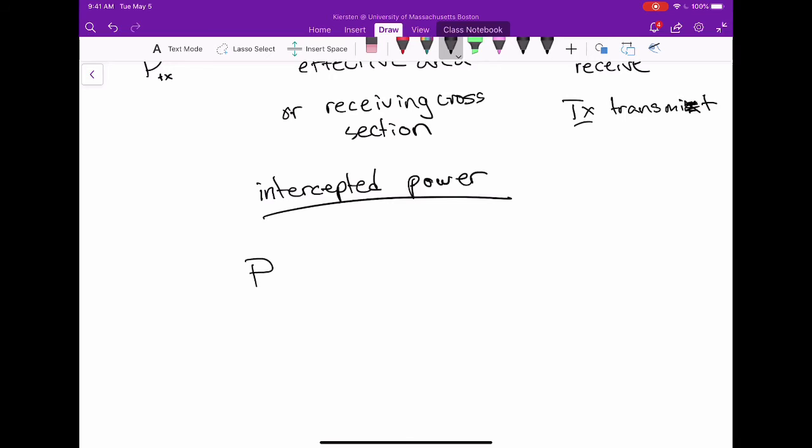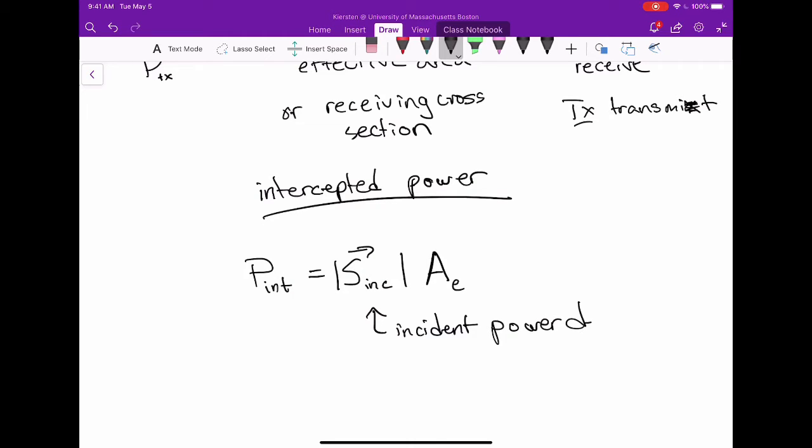So what you get is that the intercepted power at the receive antenna is equal to the incident power density times that antenna's effective area. Now, not all of the intercepted power actually arrives at the receiver because there are efficiencies and matching concerns to deal with, but the intercepted power is the power that makes it from the air into the receive antenna.